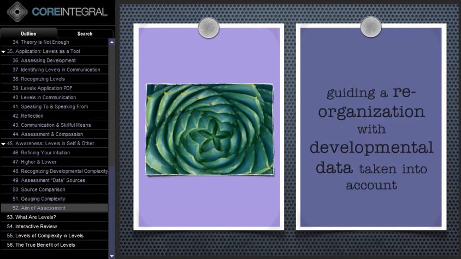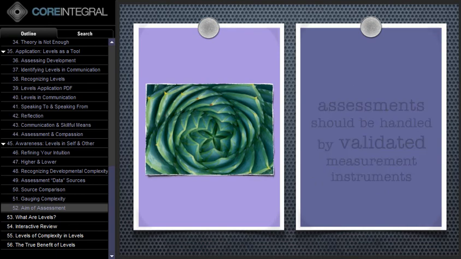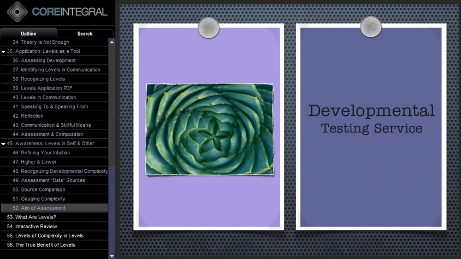But if you're a consultant attempting to guide a reorganization with developmental data taken into account, assessments should be handled by validated measurement instruments.